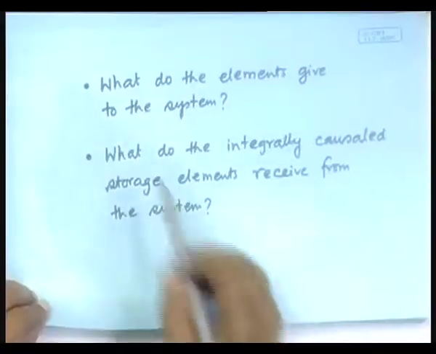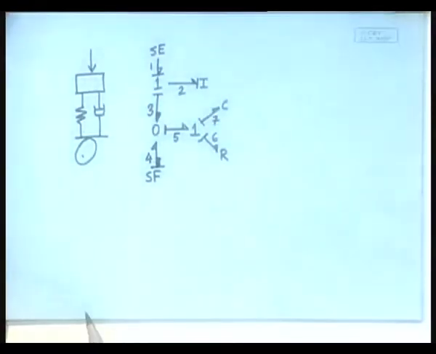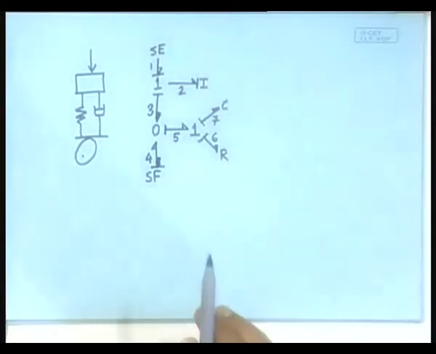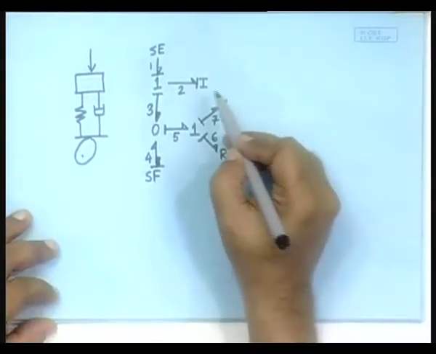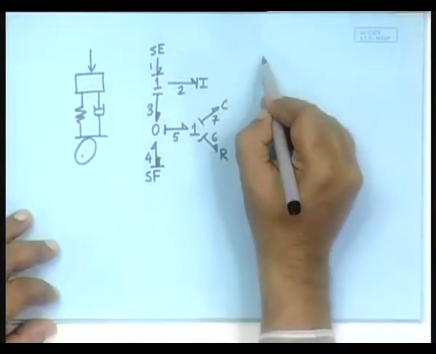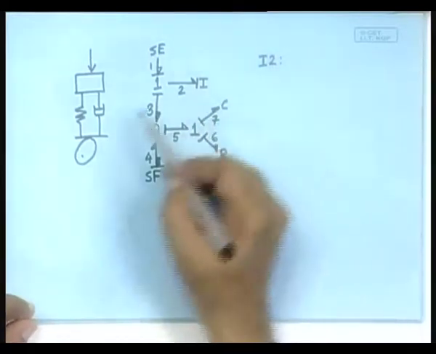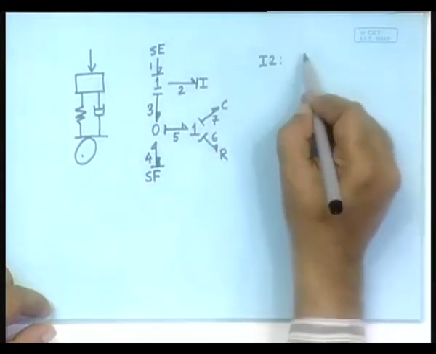What were the questions? What do the elements give to the system? We have many elements. So, we will ask this question with respect to each element. Okay. 1. Here is an element I2. What does it give to the system? The flow. It gives the flow. So, it is F2.